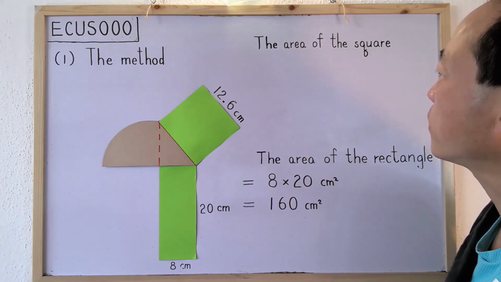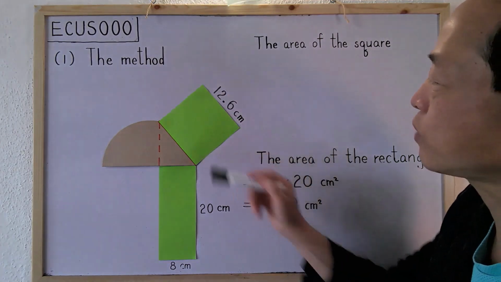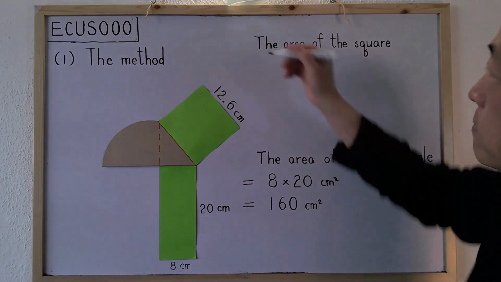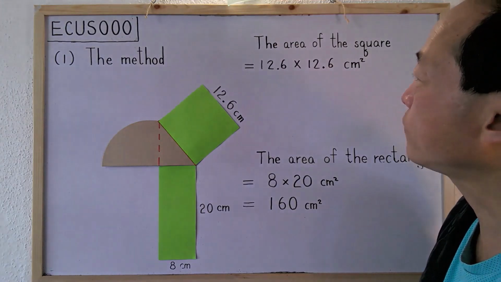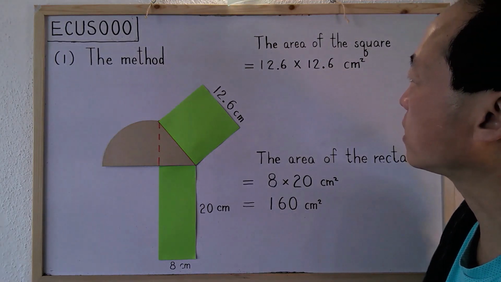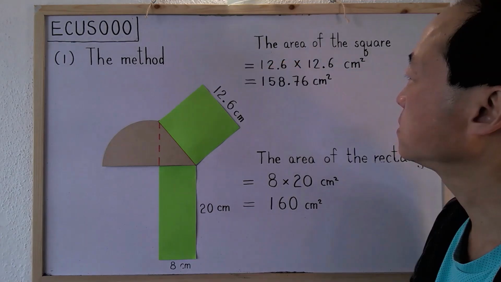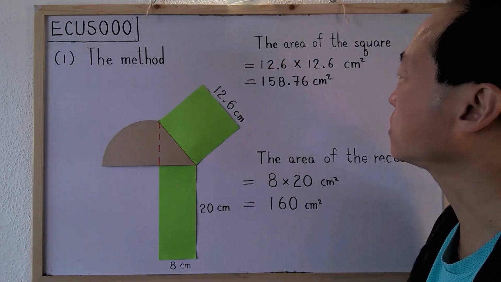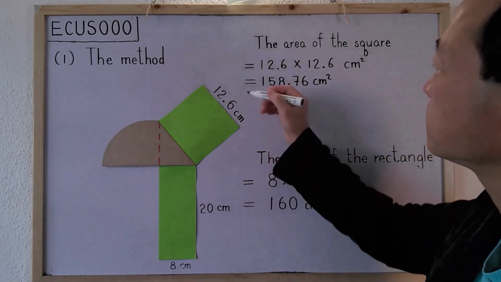The area of the square is 12.6 times 12.6 cm square. It is 158.76 cm square. It is approximately 159 cm square.